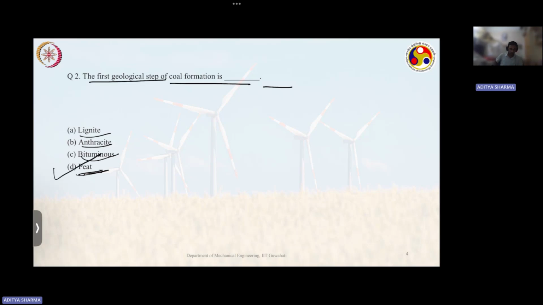When your coal starts forming, the first form you get is your peat.